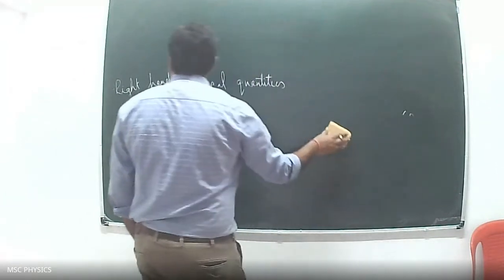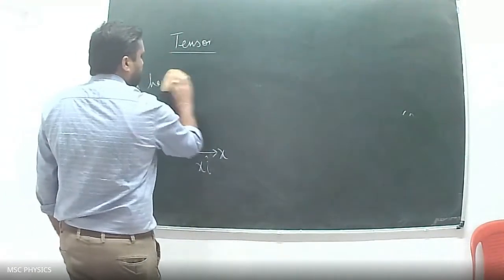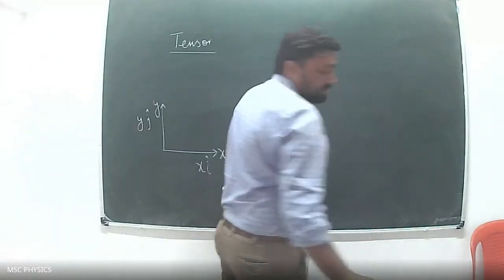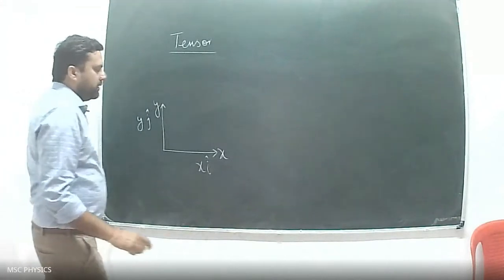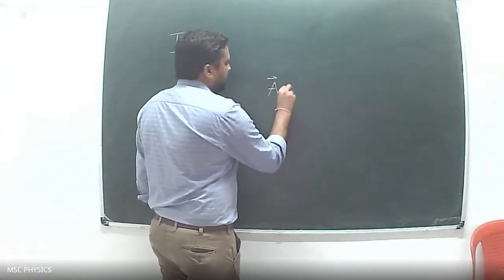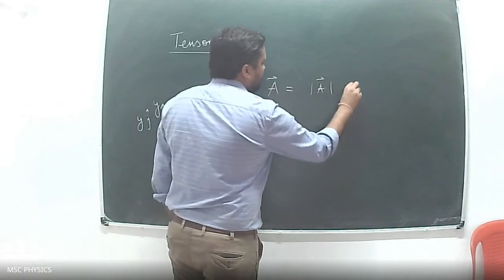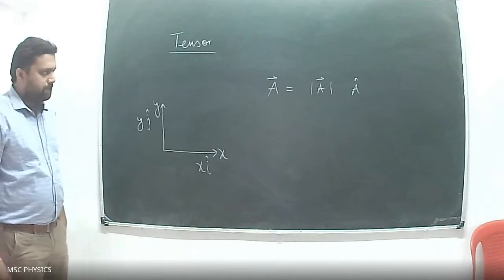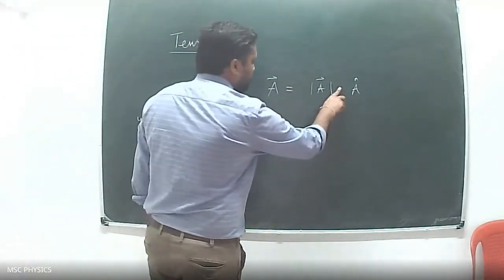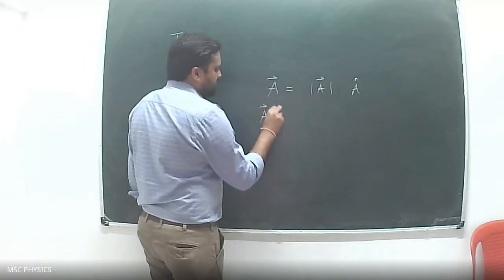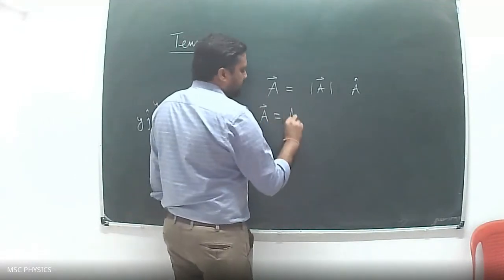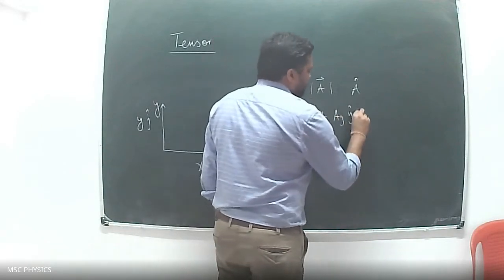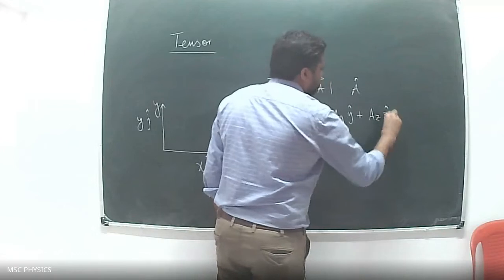So a general expression of a vector is, all this we are doing for vectors, right? And then we will talk about why we need tensors. So a vector A is nothing but a magnitude and a direction. Is that correct? So a general vector in 3D is described as this: a_x x + a_y y + a_z z.